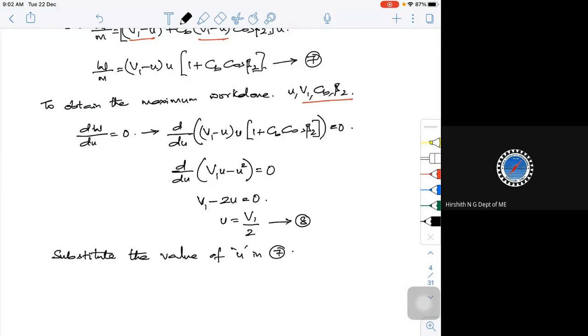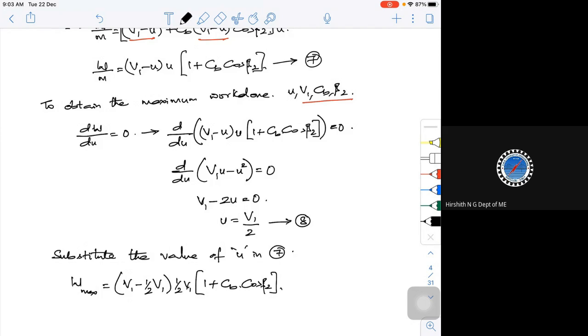Then W max is equal to V1 minus half V1, wherever U is there I put half V1, into half V1 into 1 plus CB into cos beta 2.